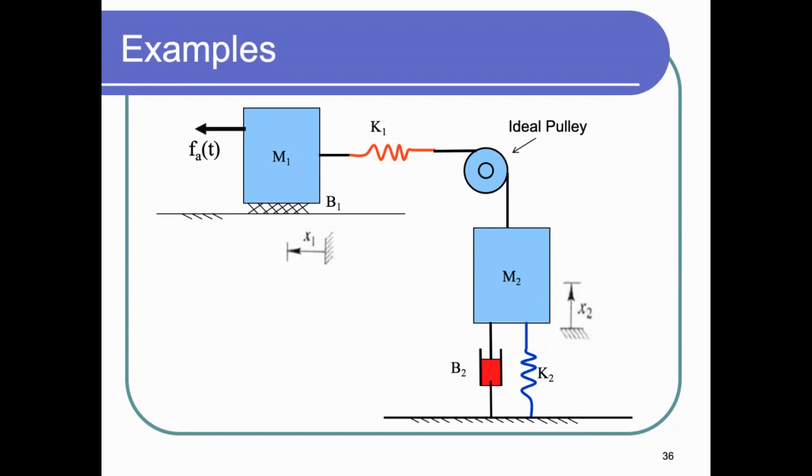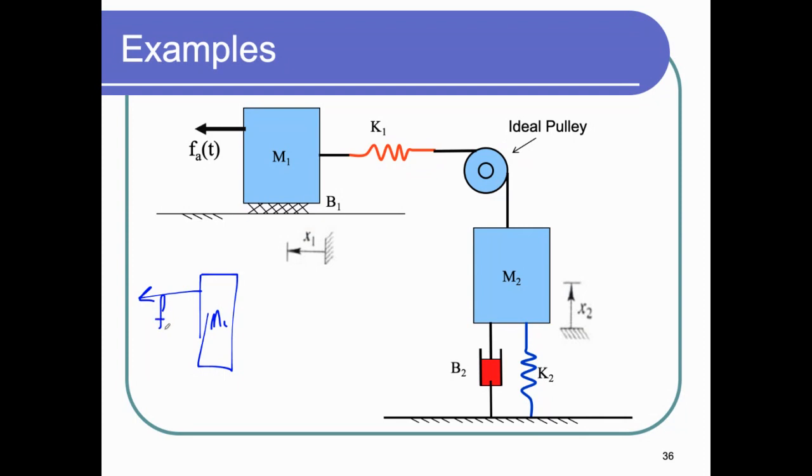Okay, have you solved it? Yes, I tried. All right, what do you have? For M1, we have applied force to the left, and against it we have the force of the spring and the friction.